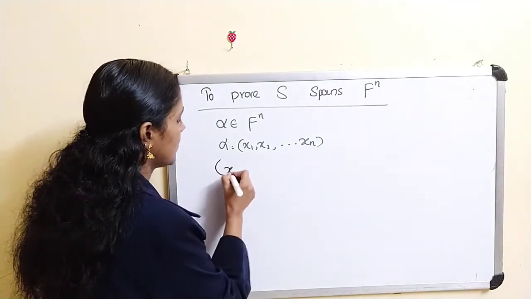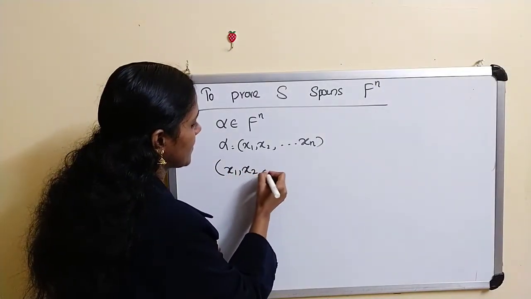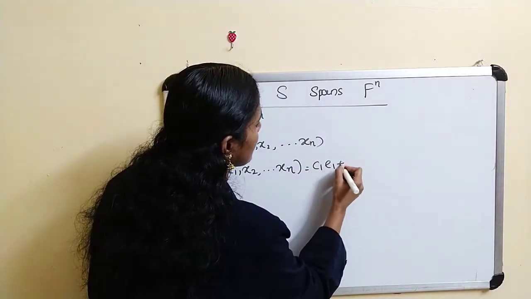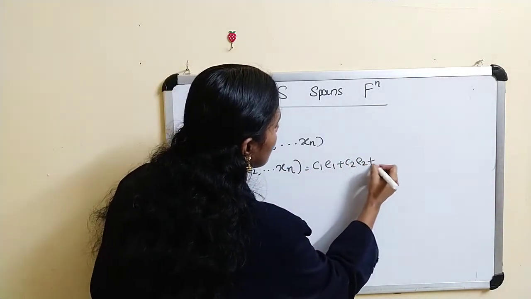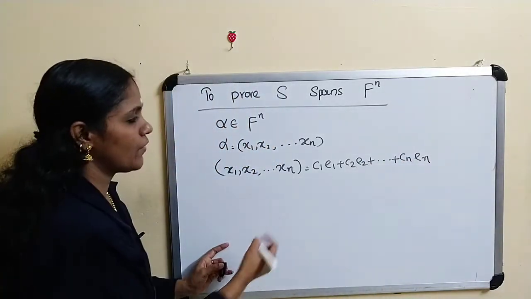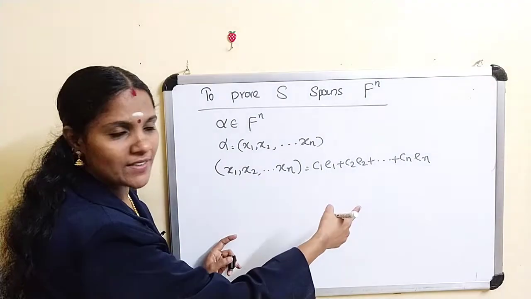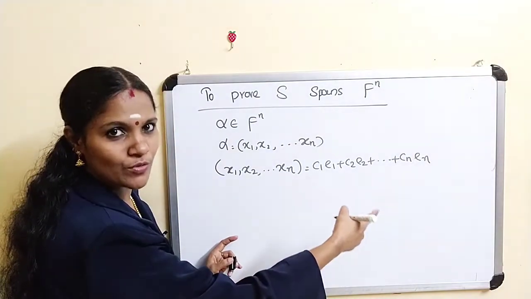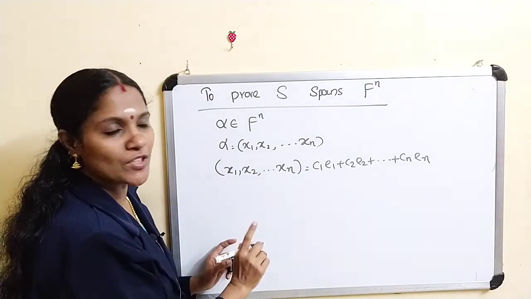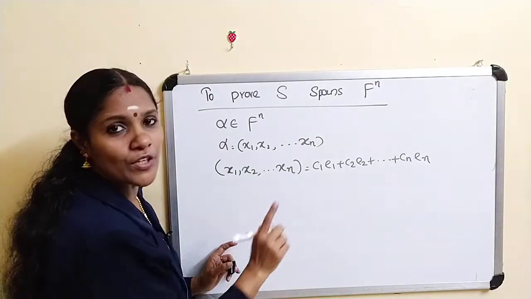Suppose (x1, x2, etc., xn) is equal to c1 e1 plus c2 e2 plus etc. plus cn en. If it is possible to find values of the ci, then that means this alpha is a linear combination of e1, e2, etc., en.